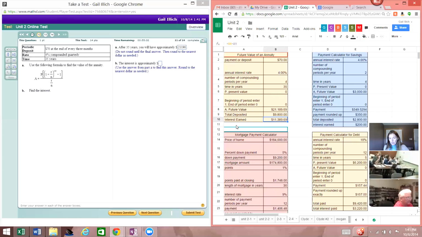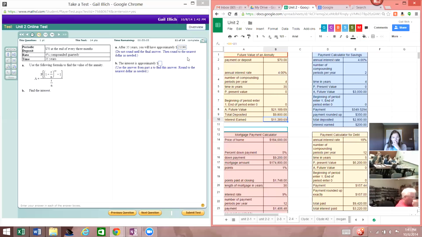I'm going to say payment rounded, wait a second. What am I doing? Yeah, I guess it will be okay because of the future value. Yeah, you're right. It's going to be okay because you just round this one because this is rounded.